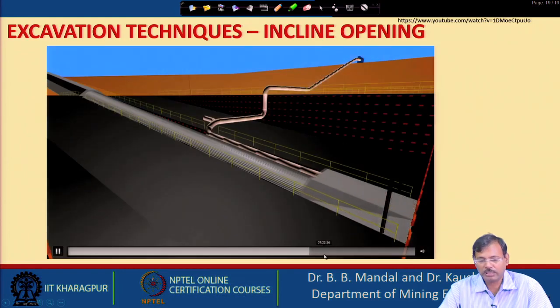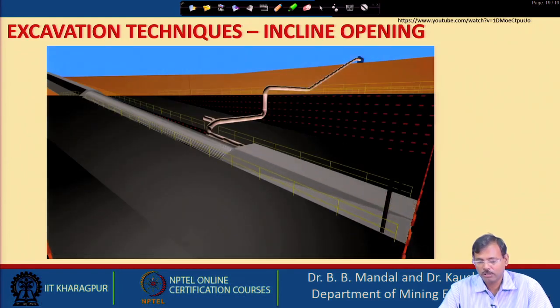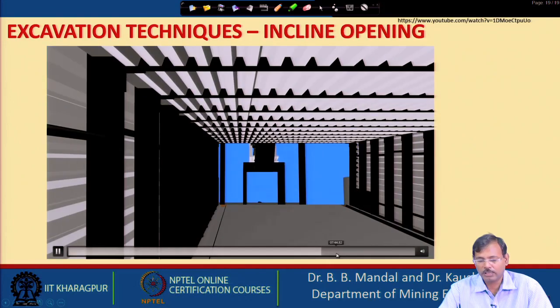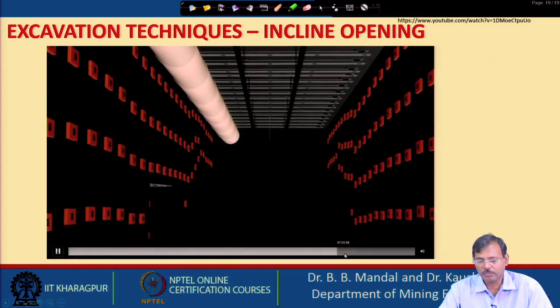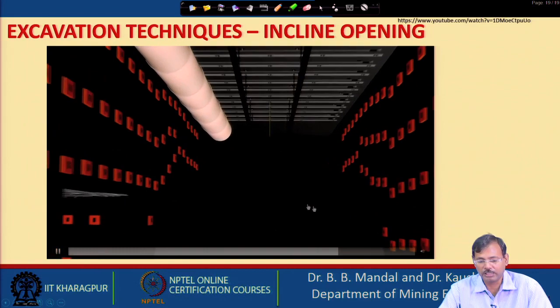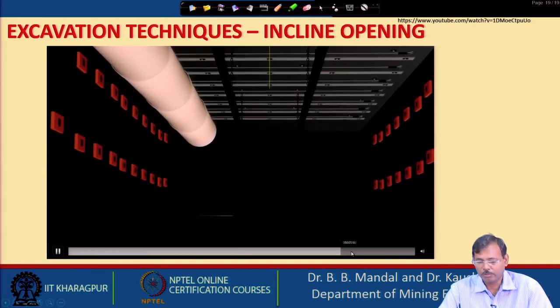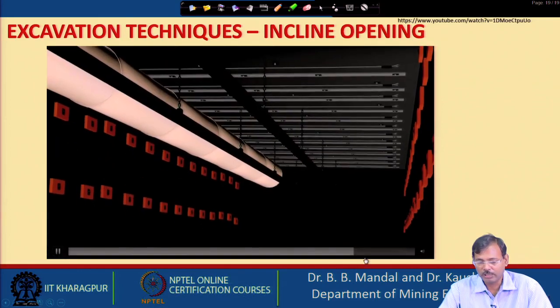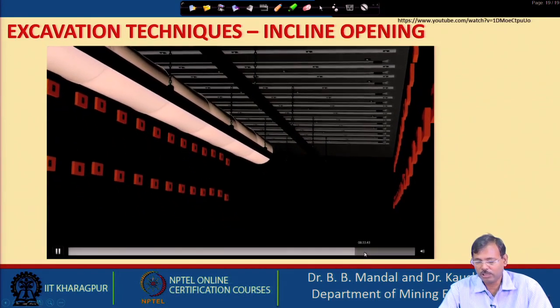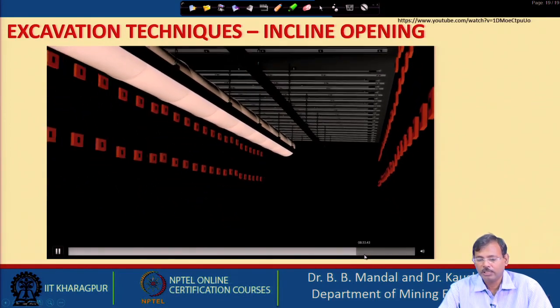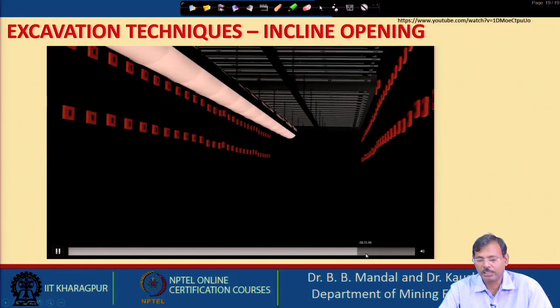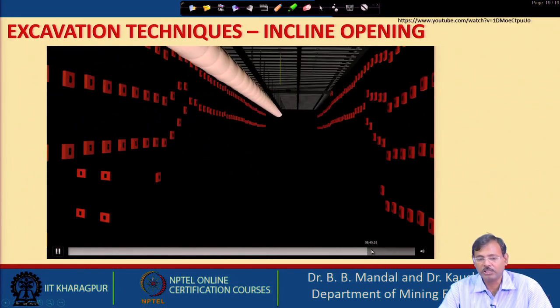So, as the excavation is going on, the incline is also being extended in the front direction. You can see these are the ventilation ducts provided, and along with that the electrical cable etc. are also extended from time to time. So, excavation is going on, and accordingly the extension of the ventilation duct and the supporting system is carried out in this case.